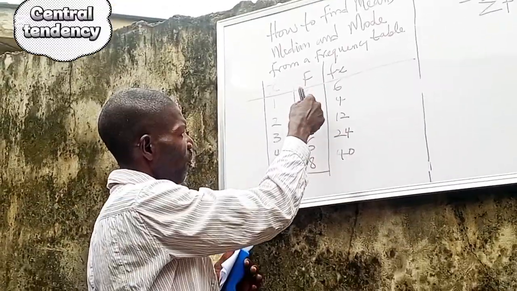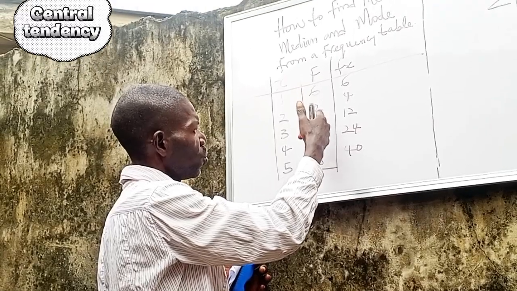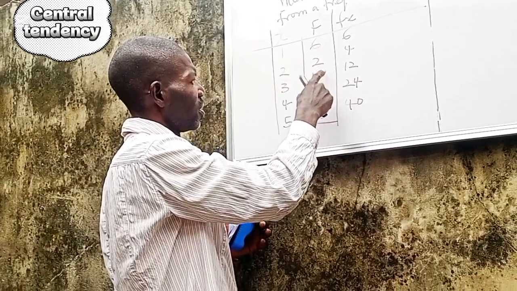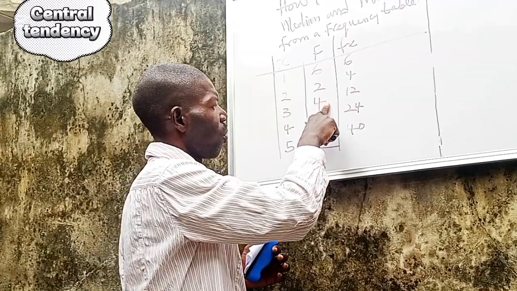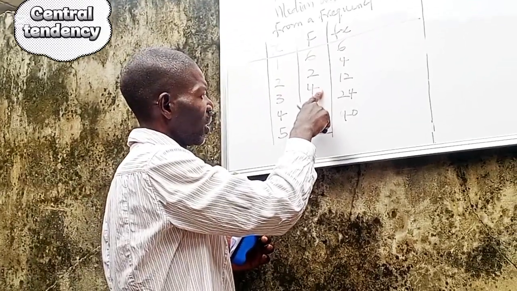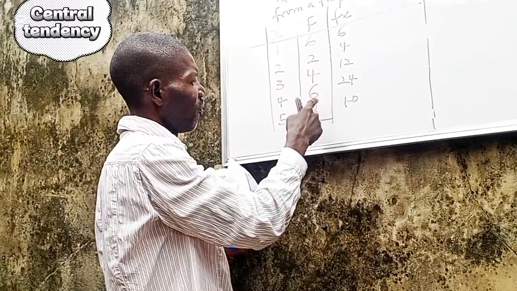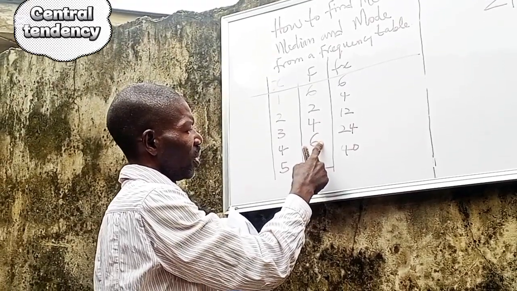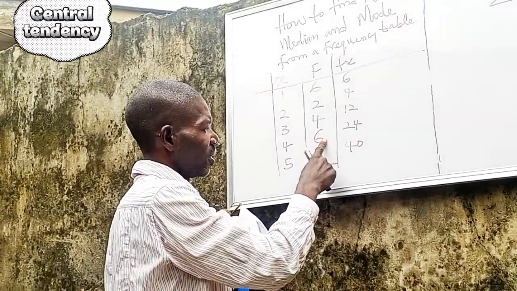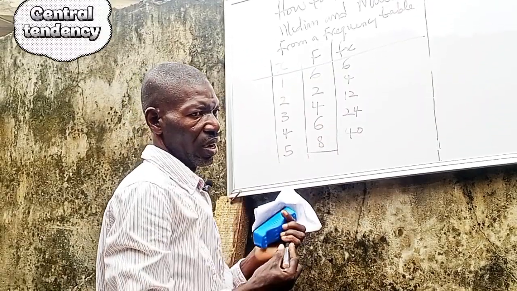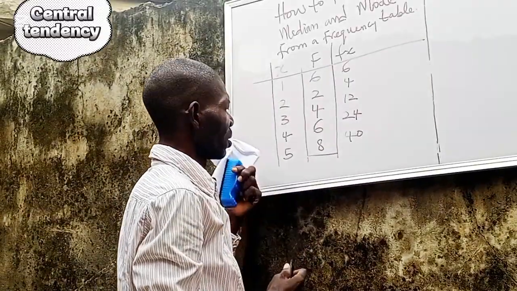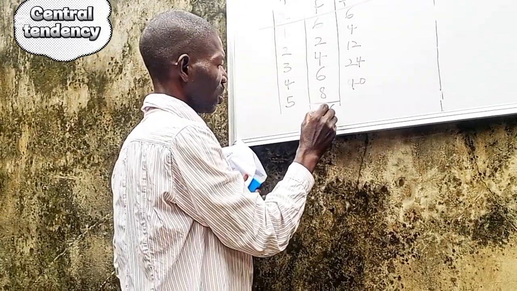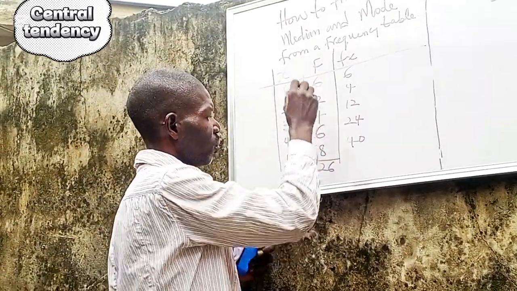The sum of 6 plus 2, that is 8. 8 plus 4, that is 12. 12 plus 6, that is 18. 18 plus 8, that is 26. 26 is the sum of the frequency.